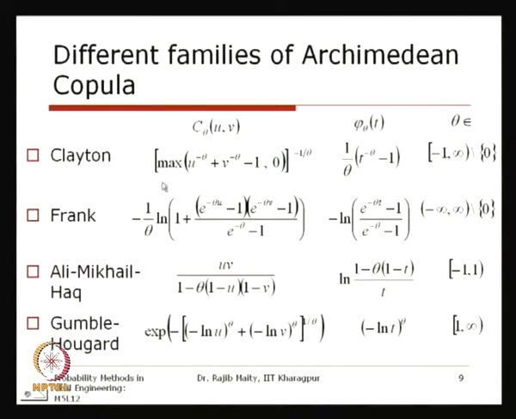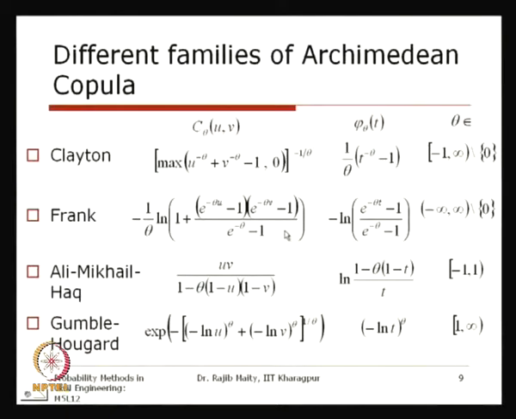The second one is the Frank copula, for which the expression for the copula function is minus 1 by theta log natural of 1 plus e power minus theta u minus 1 times e power minus theta v minus 1, divided by e power minus theta minus 1.